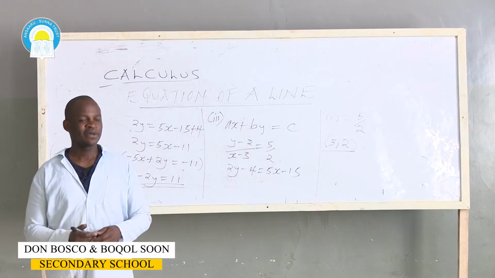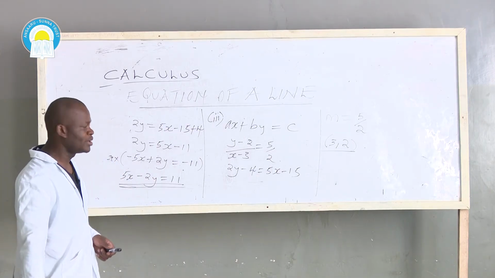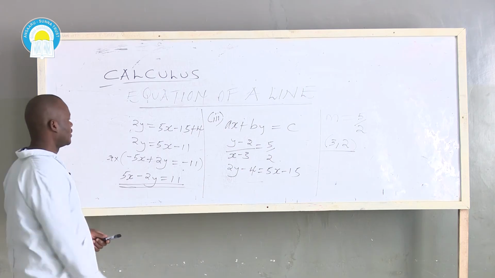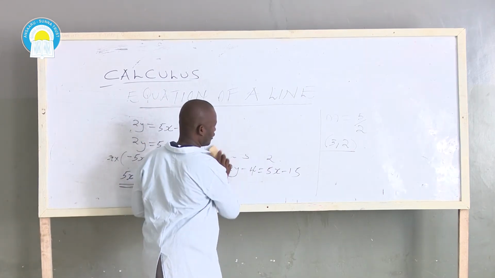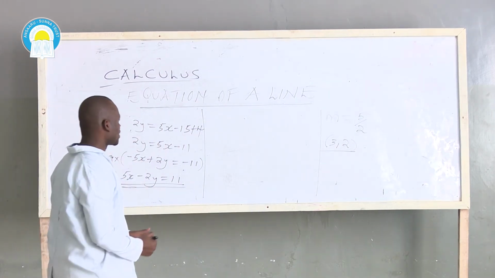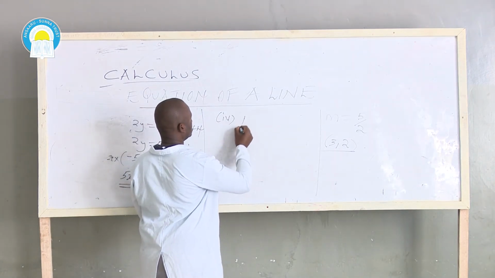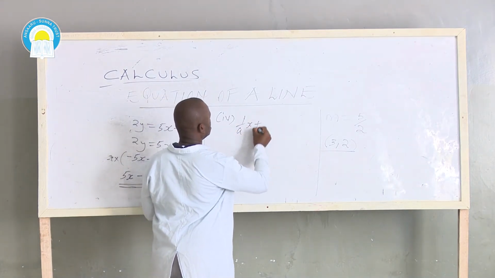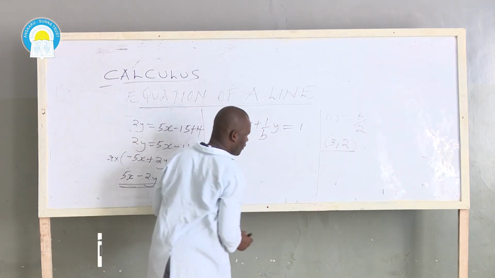And lastly, we go to the form we call the double intercept form. That is the form of x over a plus y over b is equal to 1.